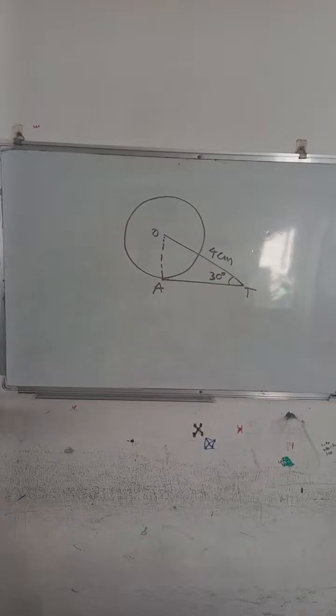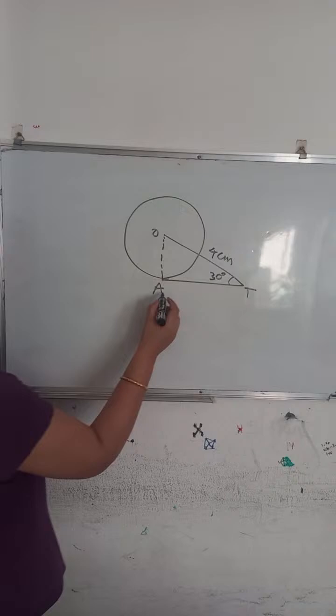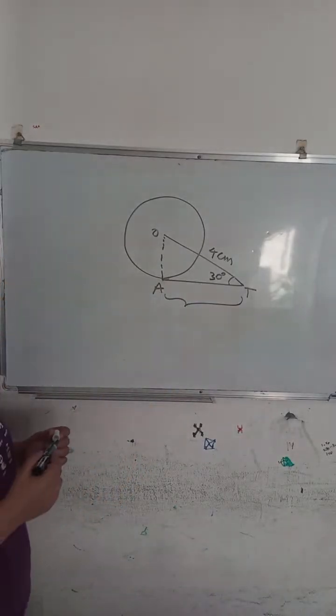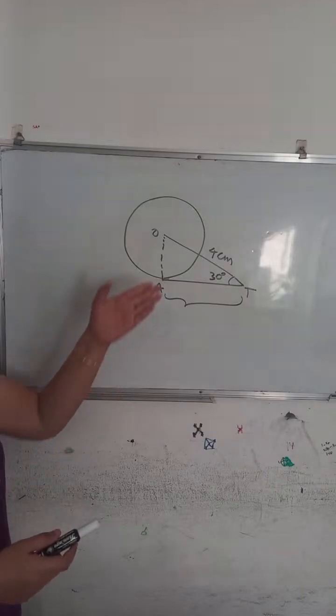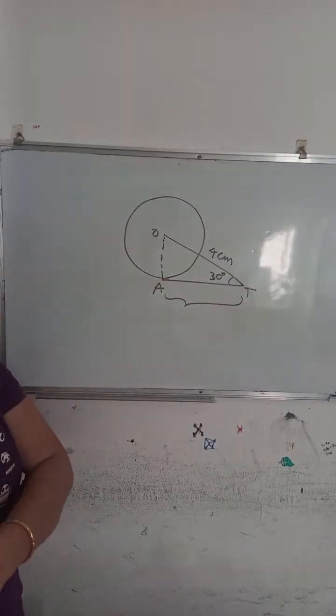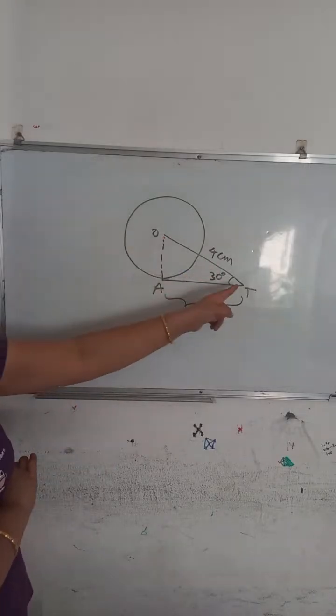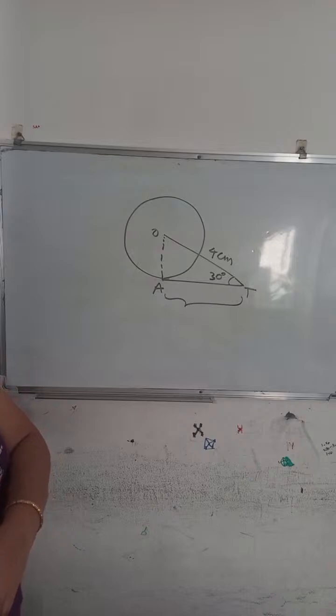Okay, so this is a question from circle, and they are asking to find out the length of AT. But the problem is that the question is from circle, but we have to apply trigonometry here, then only we will get the answer, because they gave the distance from center to this point T. We don't know the tangent length, we don't know the radius of this circle.